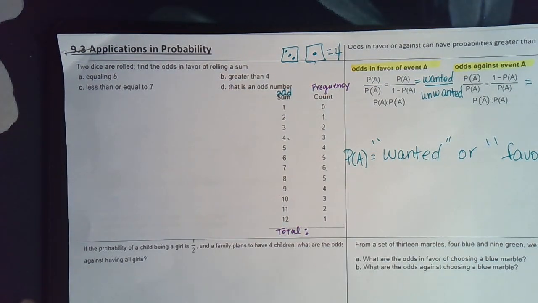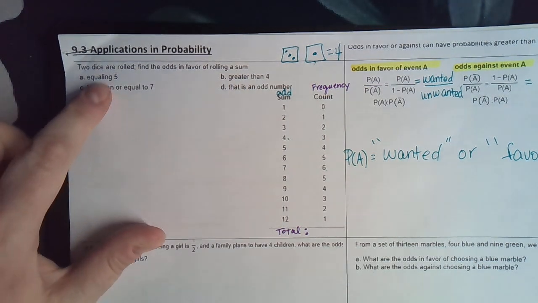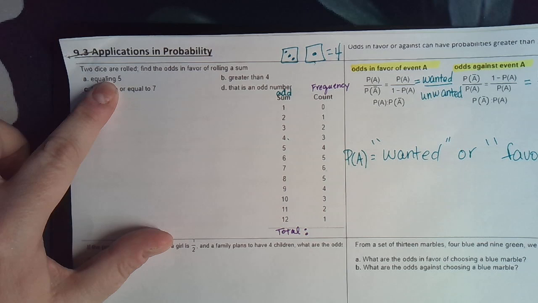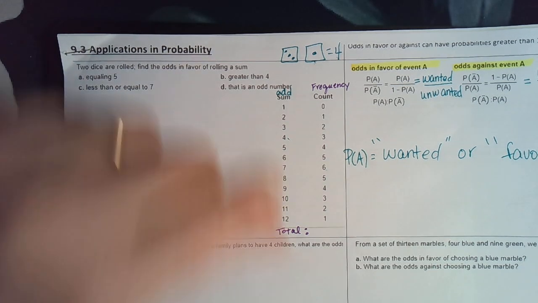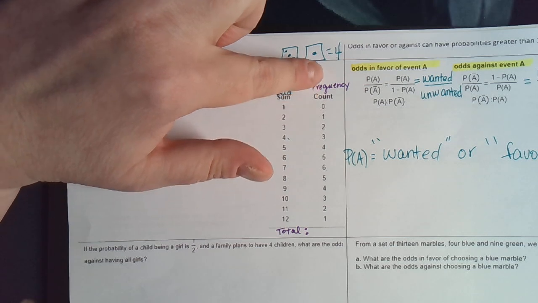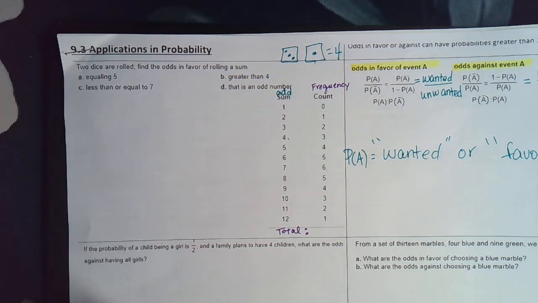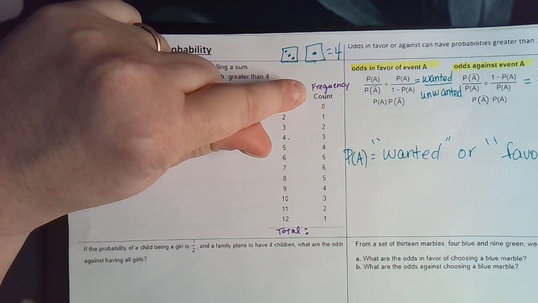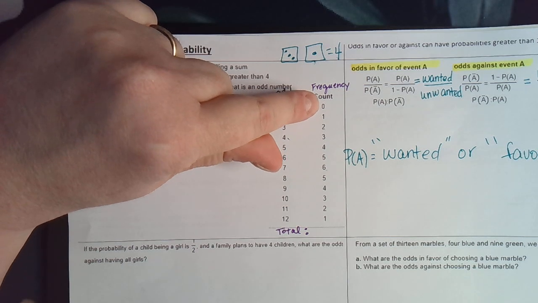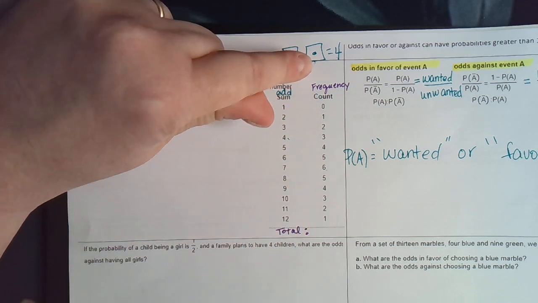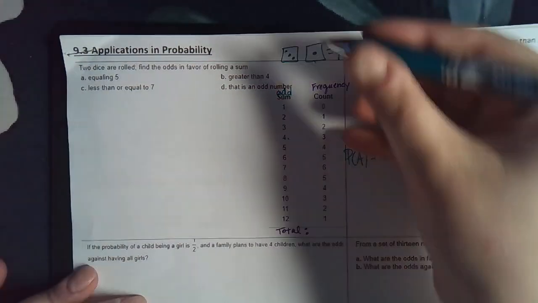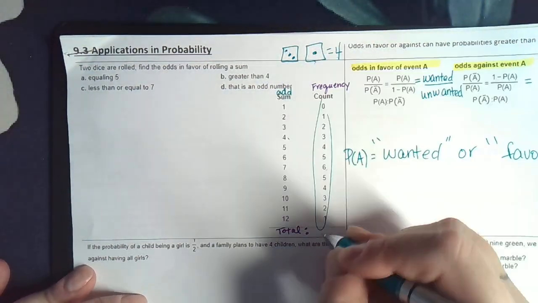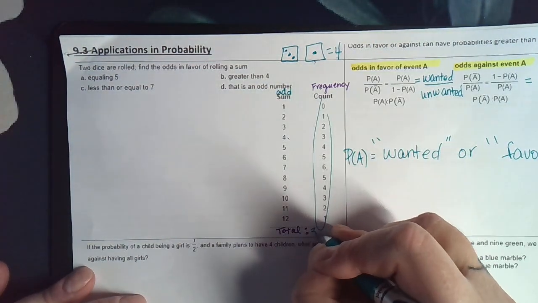Okay, so we need to figure out the total amount of times this happens. So we're going to add up all these numbers under the word count or the word frequency. Okay, so we're going to add up all those numbers, and you should get 36.